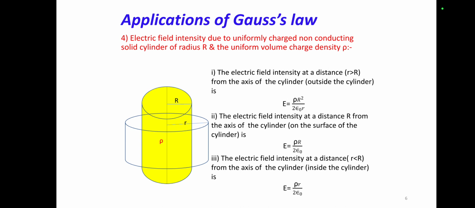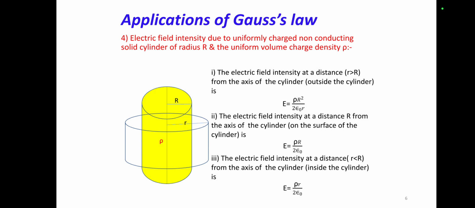So the electric field intensity at a distance small r greater than capital R, that means the Gaussian surface cylinder radius is greater than the solid cylinder radius, from the axis of the cylinder, that means outside the cylinder, is E equals rho R square upon 2 epsilon naught r.